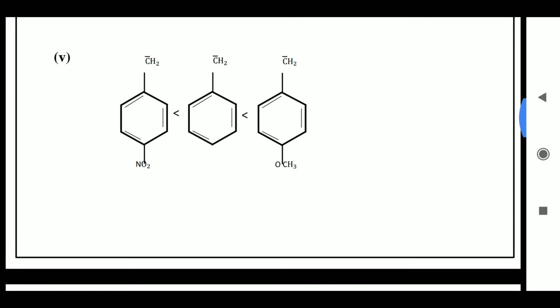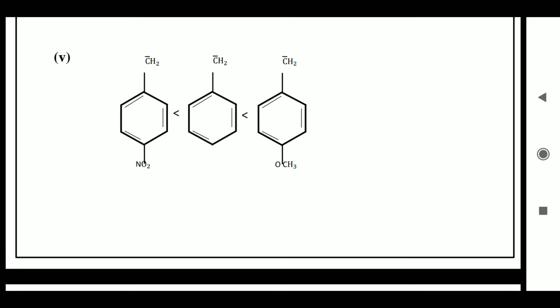Here you can see I have given an example of anisole and a nitro derivative of an aromatic ring. The stability order here is that the methoxy anion is more stable than your benzyl anion, followed by the nitro derivative. Because the nitro derivative withdraws electrons, there is a deficiency of electrons in the aromatic ring.